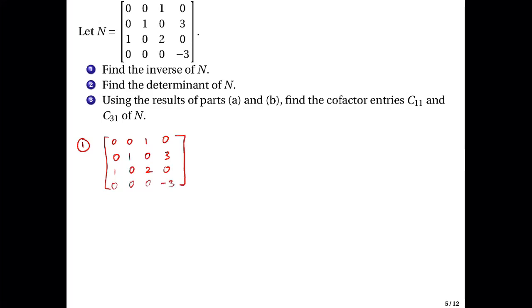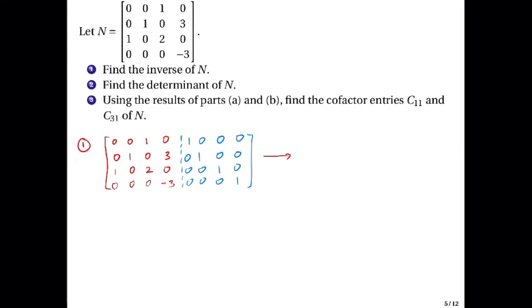And then we augment the identity matrix. I'll just write the identity matrix using blue ink here: 0, 0, 1, 0, 0, 0, 0, 1.